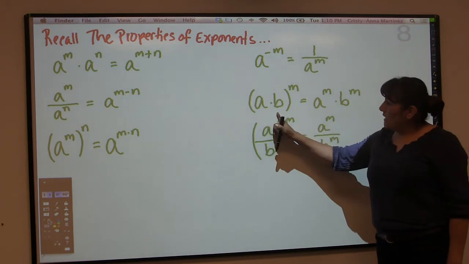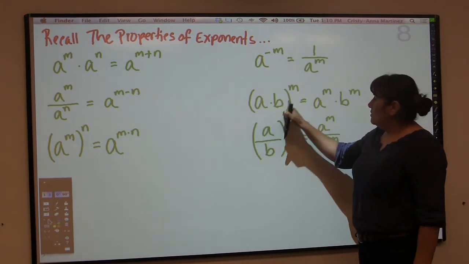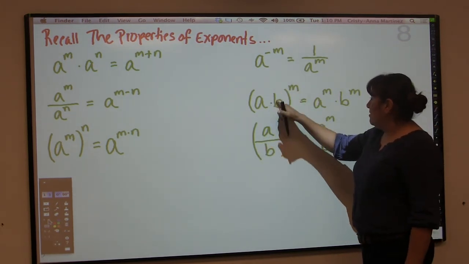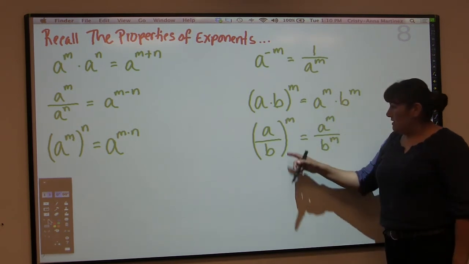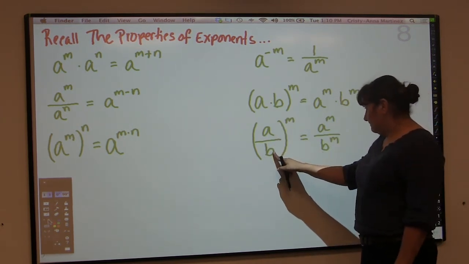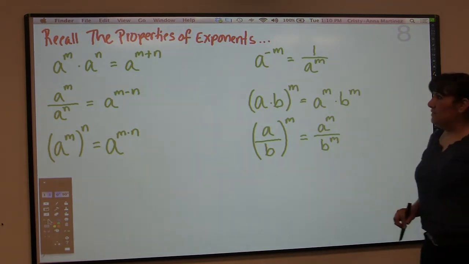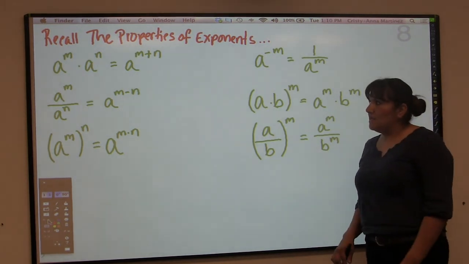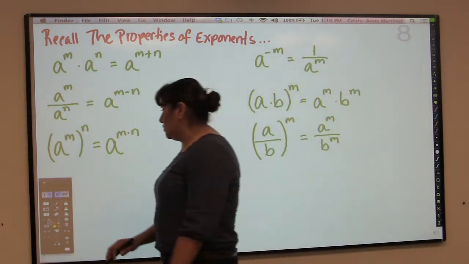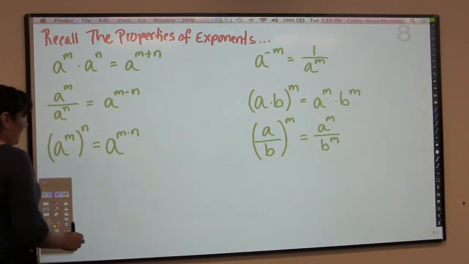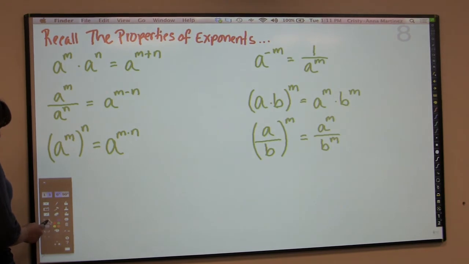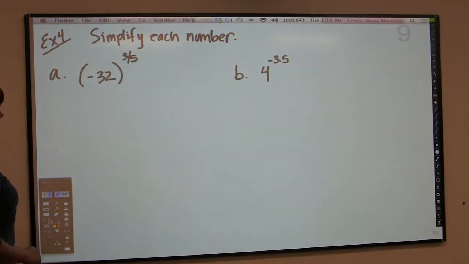If you have a product where you have a times b to the m power, then the m gets distributed to both a and b. And the same thing happens when you're dividing a by b. You have to distribute the power to both a and b. These properties we've done in the past, and they are still true for fractions. It just means that you have to add and subtract fractions instead of regular numbers.